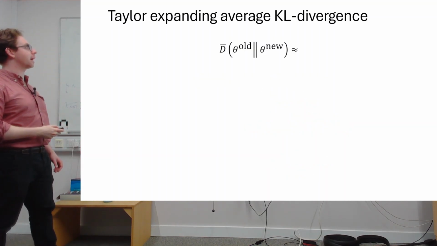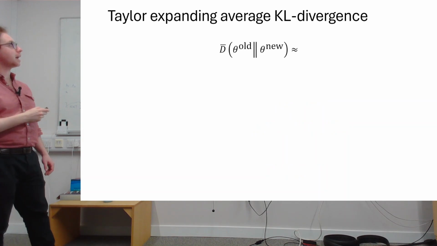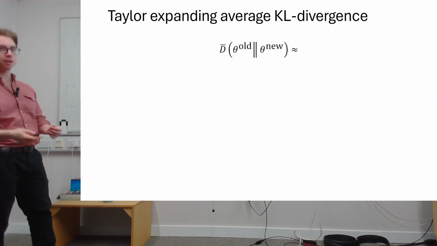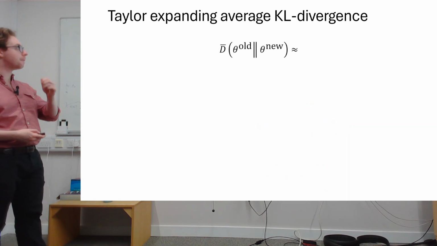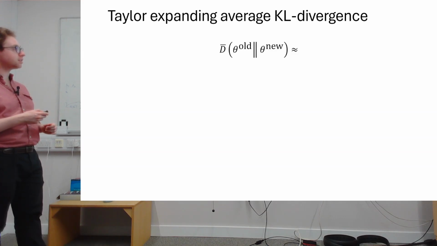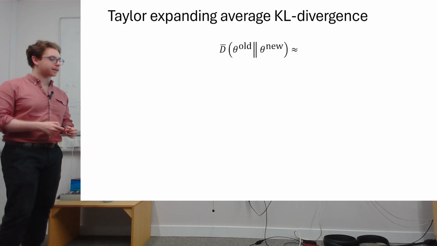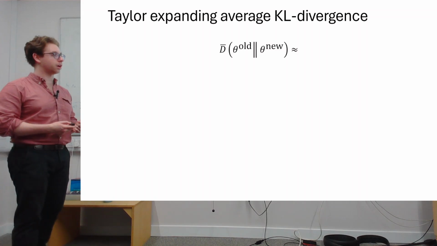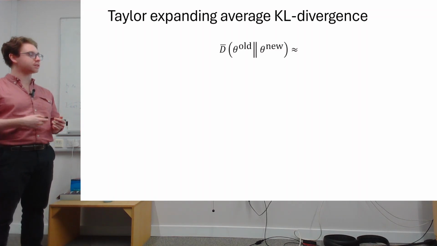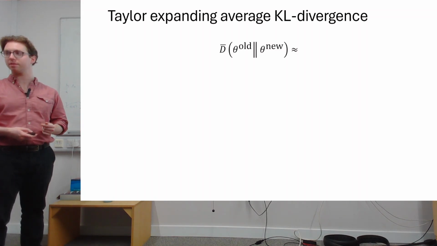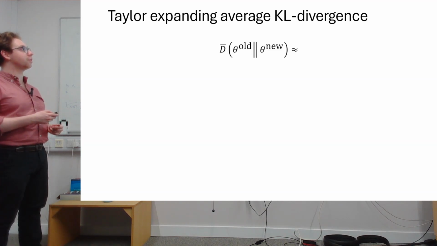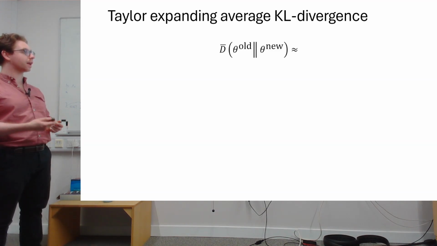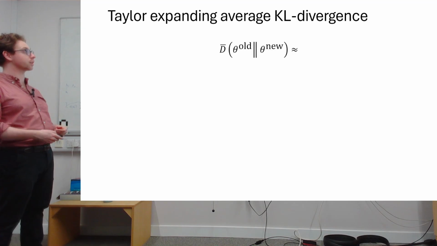Fantastic. Now we're going to Taylor expand the KL divergence to leading order in theta new around theta old. It turns out that the first order expansion actually vanishes, and so the term we're left with is only the second order expansion.